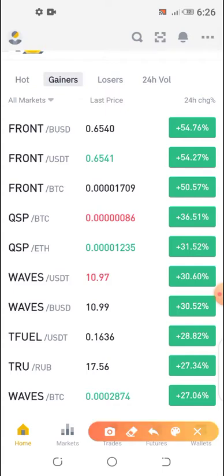For example, we see front stroke BUSD. Of course, note that cryptocurrencies are always in pairs. Just like if you want to engage in normal trading, even in your regular market, you do not just trade one item.